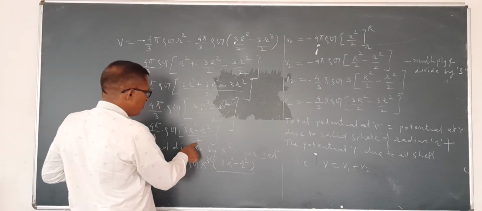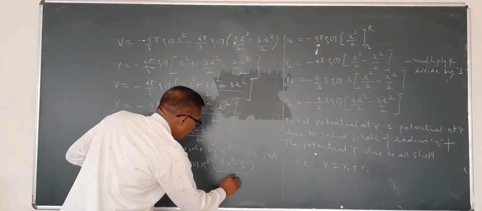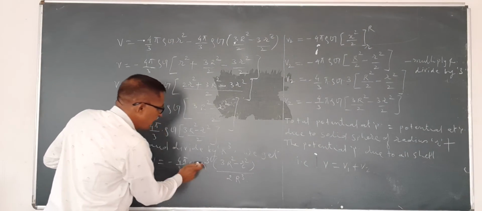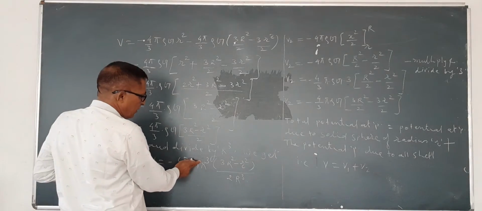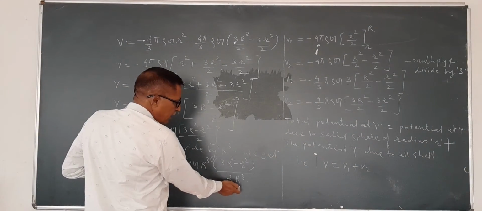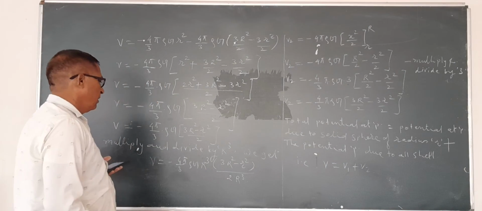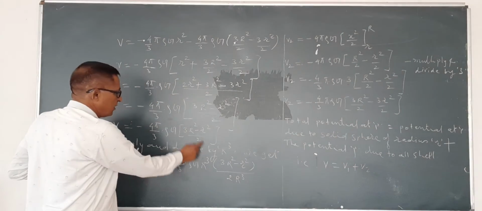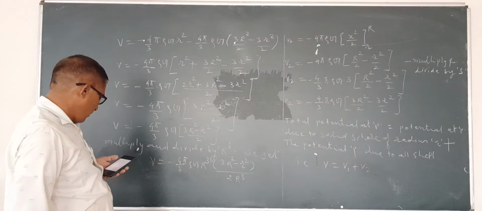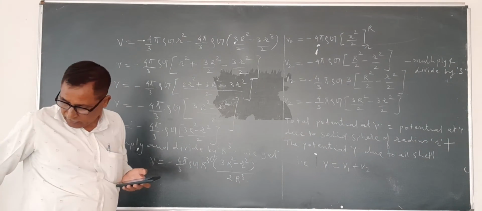Here is only 2 but we are writing 2r cube as this r and this r. This r is multiplied in the numerator and this r is written in the denominator. There is no difference from the original equation; this is just an adjustment.